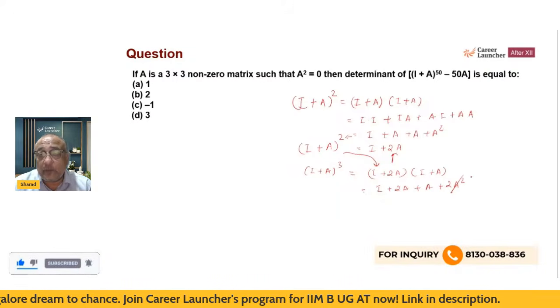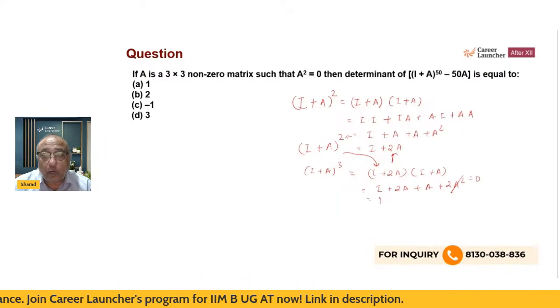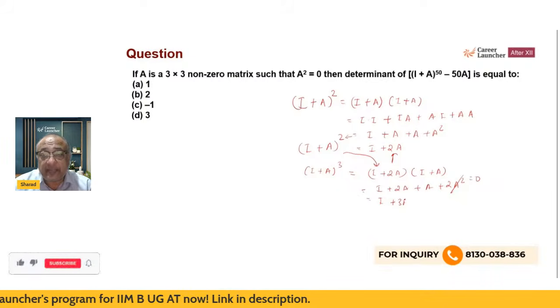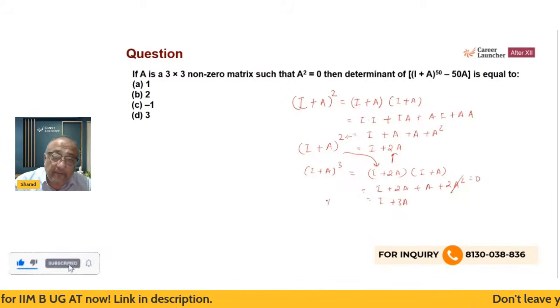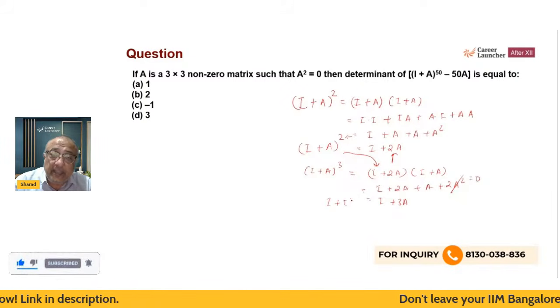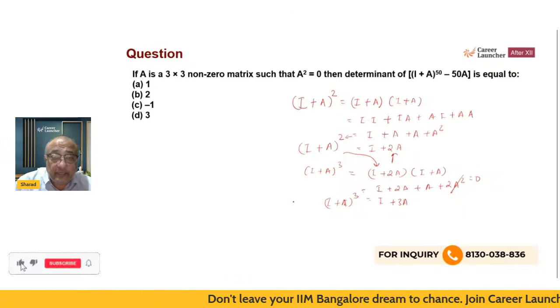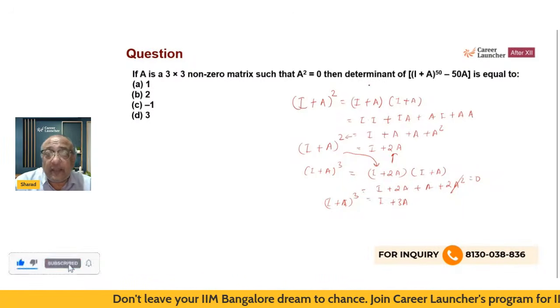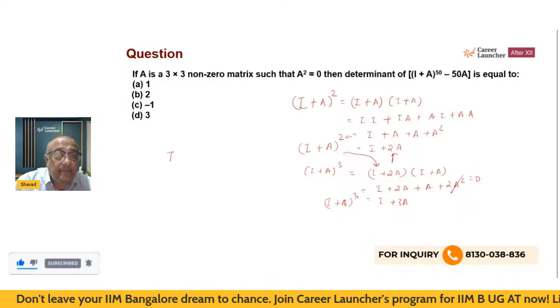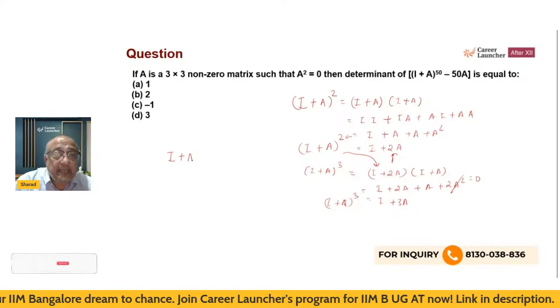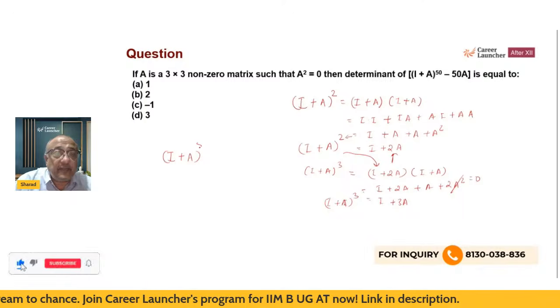Again, A square is equal to 0. What do we have? Wow. This is simple. I plus 3A. So what is it that we have got? This 3 is getting multiplied with A. So kids, what will be the value of I plus A raised to the power 50? That is the question.